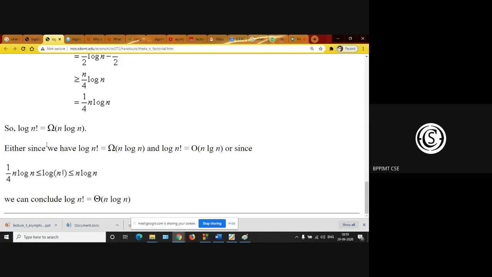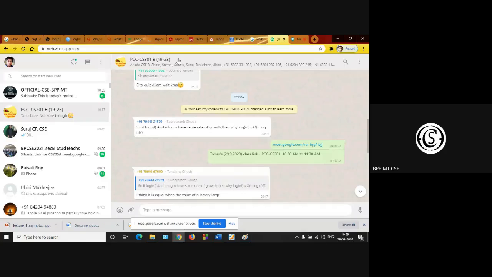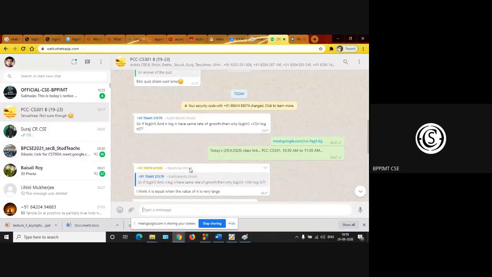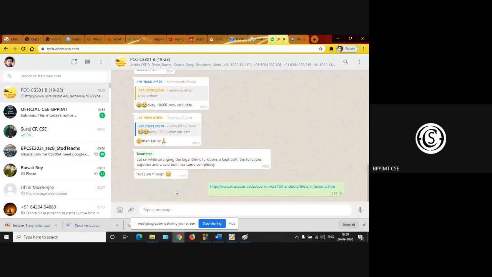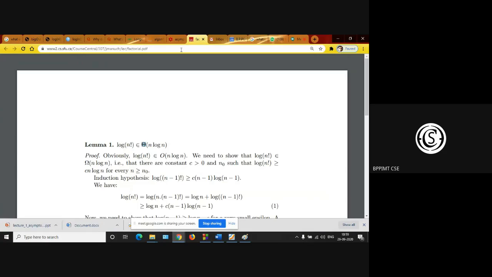So lg n factorial is less than or equal to n lg n, at the same time greater than or equal to n lg n.